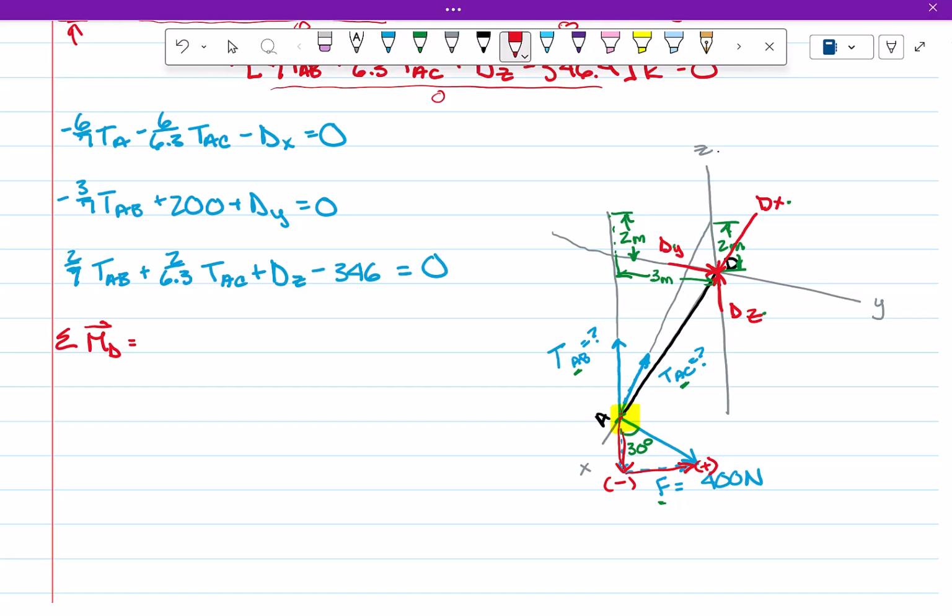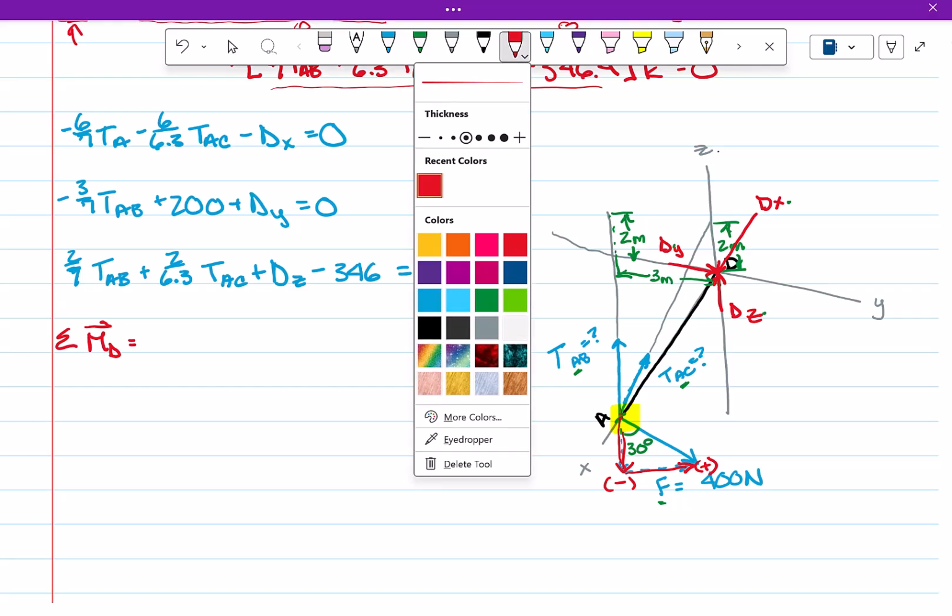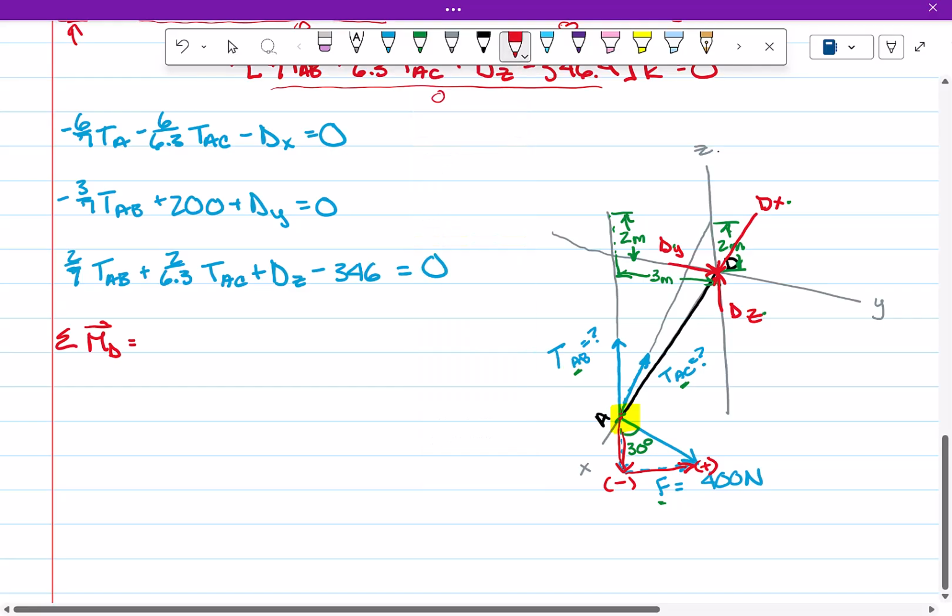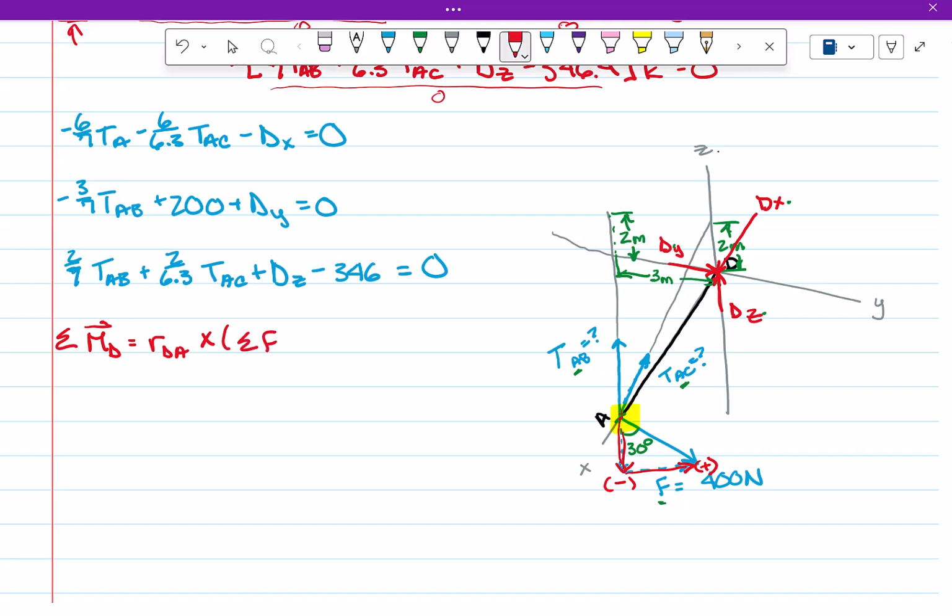from A to D. Now, remember that TAB and TAC have X, Y, and Z components, just like F had an X, Y, and Z components. So recall from when we started talking about the cross product, the easy way to do this, otherwise you're going to be doing a lot of geometry. The easiest way to do this is just to do the cross product times your vector, your resultant vector.